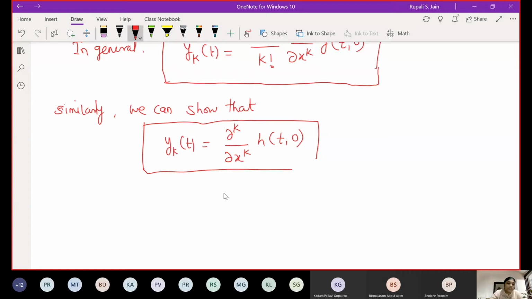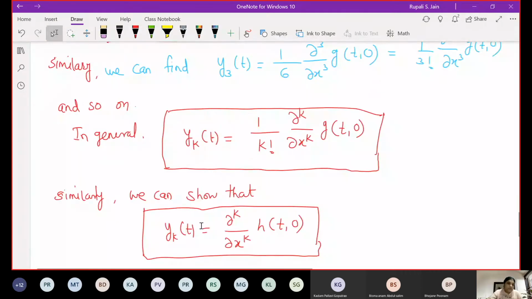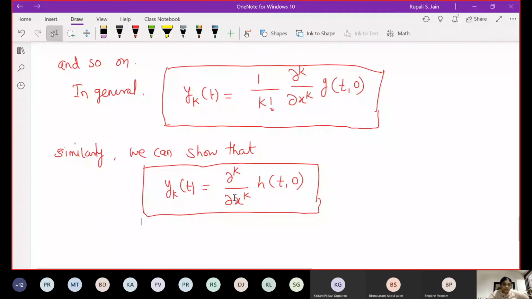So the kth coefficient in the generating function power series we can find by taking the kth partial derivative of that series and substituting x equal to 0. Is that okay? So you can check this. Yes, ma'am.